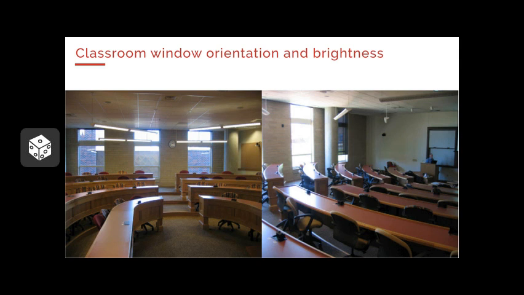If the sunlight is coming in those windows, all of the students will be in silhouette, and the professor will not be able to see them, which is very uncomfortable. Whereas if you put the windows on the side, like on the picture on the right, then everyone gets the joy of the windows, but nobody is in silhouette. Looking at where furniture and things are within this space is really important in this particular design.